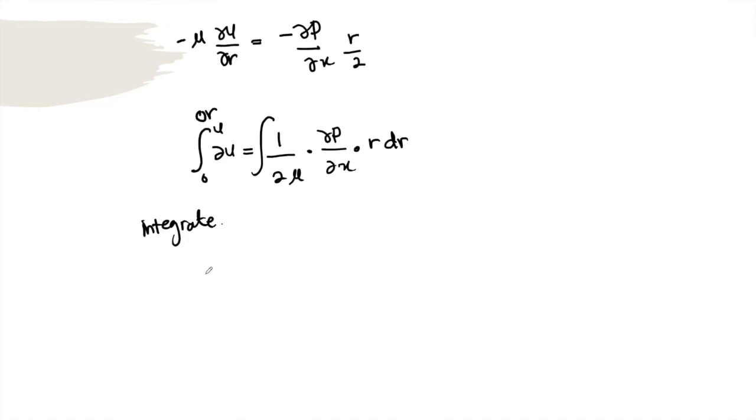When we integrate, we will get u equal to 1 over 4 mu del p over del x r square plus c. Because we do not have limits here, we have to put a constant when we integrate this equation.